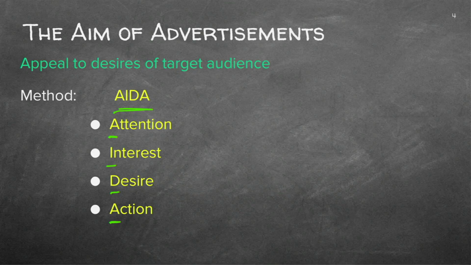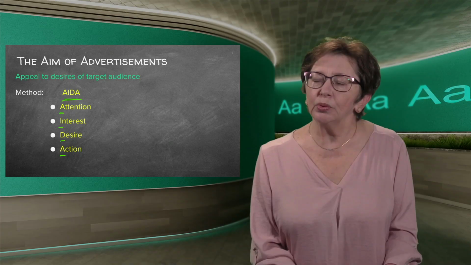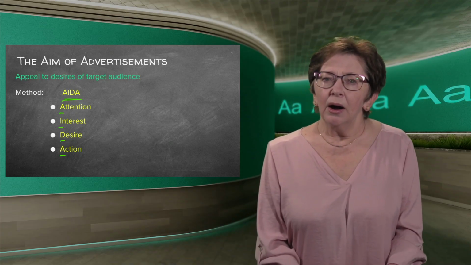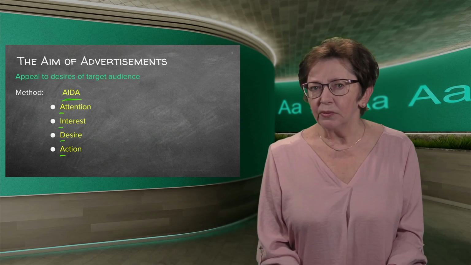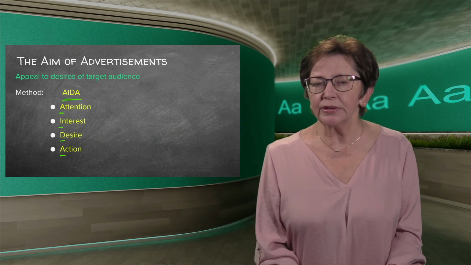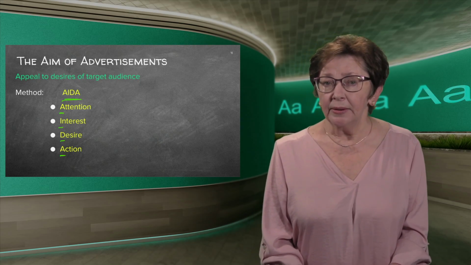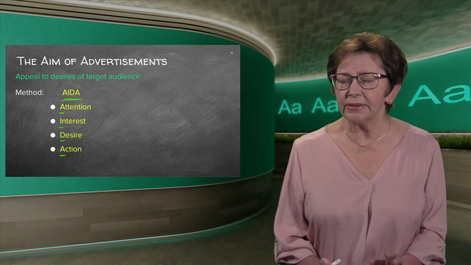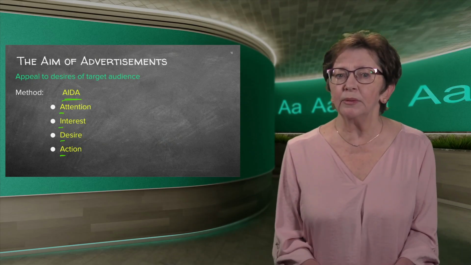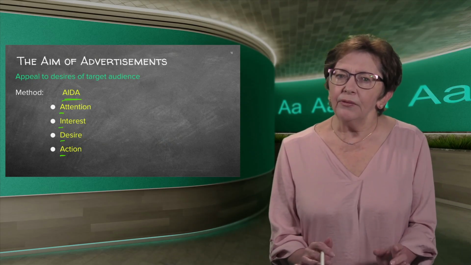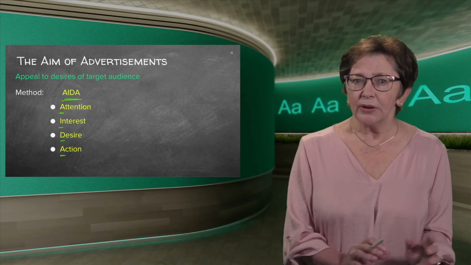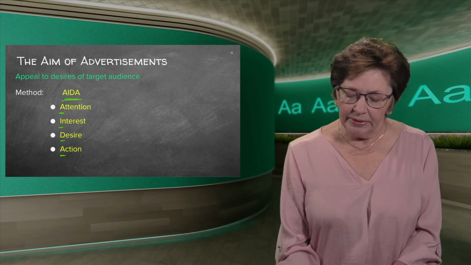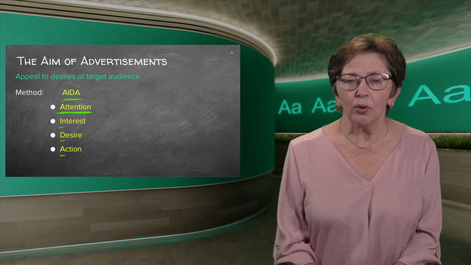So, when you're given an advertisement to analyze, ask yourself the following questions. When you look at this advertisement, apart from the written and the visual text, obviously see the striking elements there, ask yourself how the visual and the written text immediately grabs your attention.